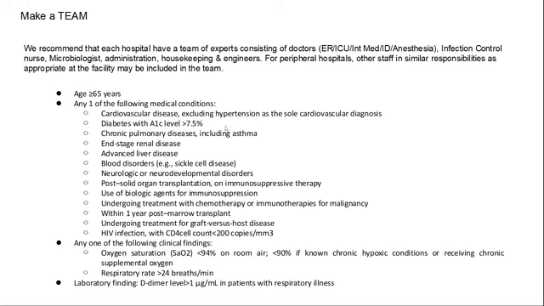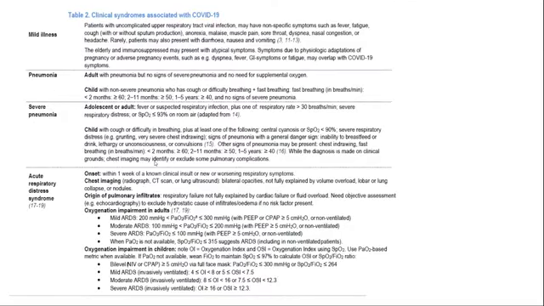Also you have to remember that all the patients mentioned here are high risk patients. So if anybody is suspected of COVID-19, these patients should be admitted in the hospital even if you don't have many beds.